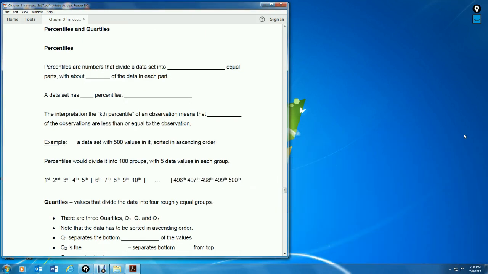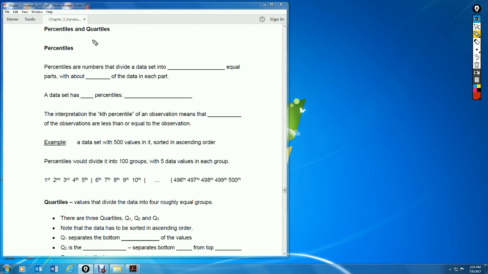All right, so let's resume, and now we are talking about percentiles and quartiles. Okay, these are just more descriptive statistics, and let's start by talking about percentiles. And I'm sure that everyone at some point in their life has heard of percentiles, probably in school when you took standardized testing.